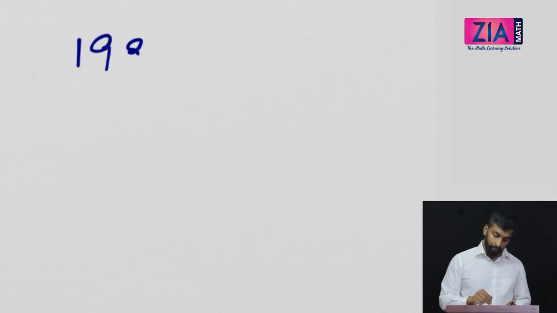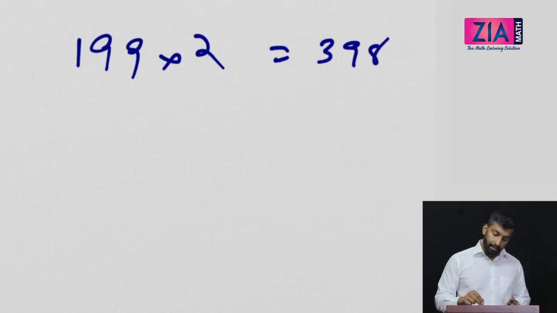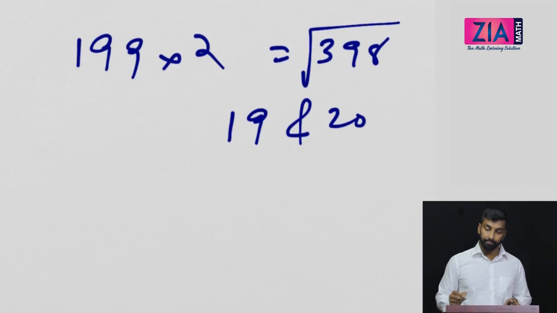Or if the question was you are counting the page numbers, you are missing a page and you are getting 199. Same step, you don't bother about anything. You understood that you are missing a page and you are getting a different number, so take that number 199, take double of it, and you get 398. Take the root of it, you get it between 19 and 20.